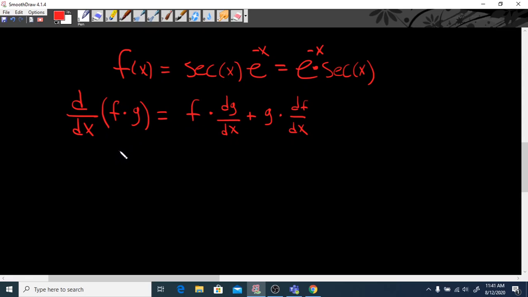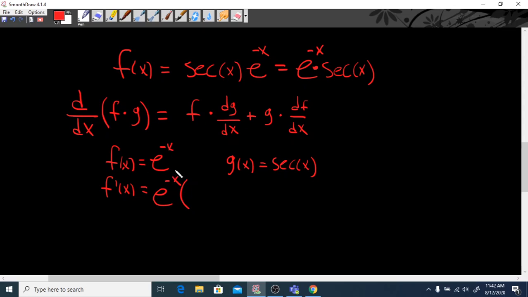So, if f is the exponential, g has to be the trigonometric secant. All right? And their derivatives, well, this is kind of like e to the kx, and k is -1. So its derivative is going to be itself times the derivative of negative x.